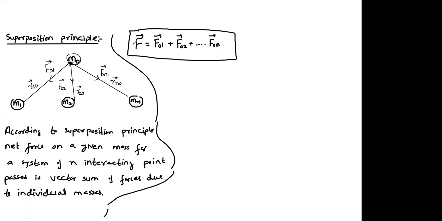This is basically the superposition principle. So to calculate force for a system having more than two masses, calculate force on a given mass due to each of the individual masses and then add them up vectorially.